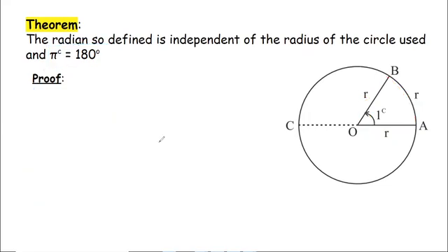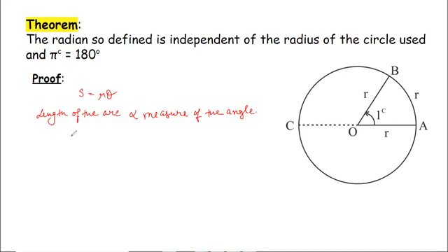In the proof part, if you remember, the length of the arc is given by S equals R theta. This is the formula we will be using. Length of the arc is directly proportional to the measure of the angle. So the bigger the length of the arc, the larger the angle subtended at the center.